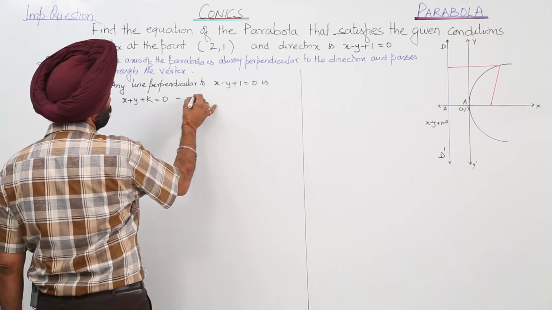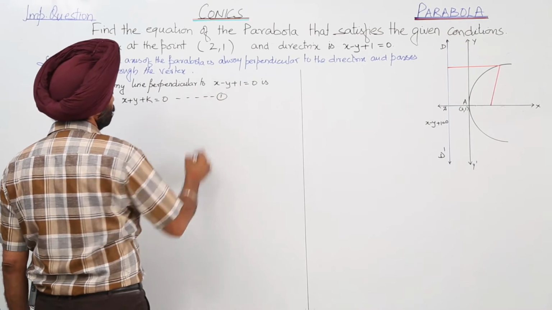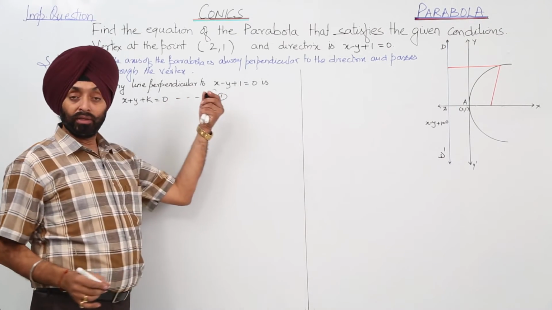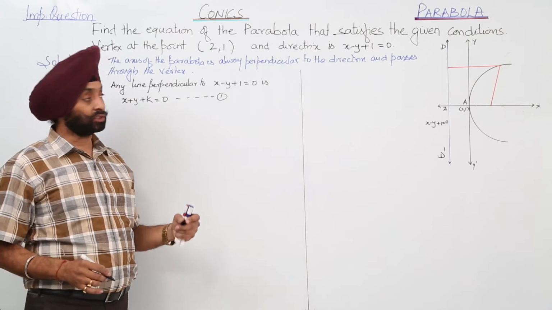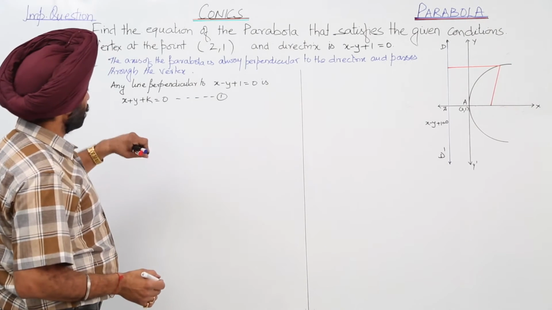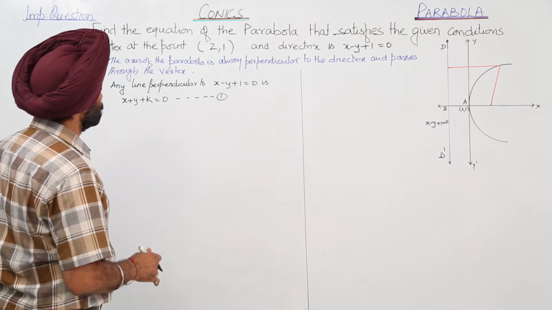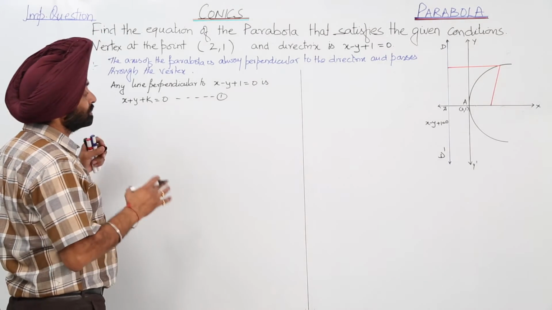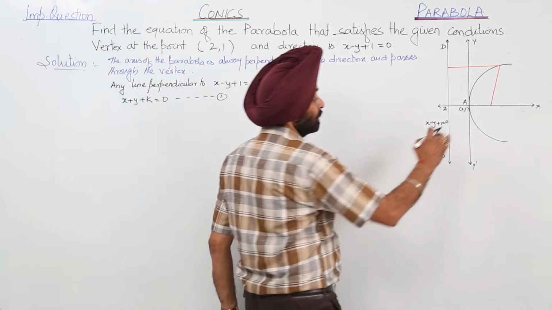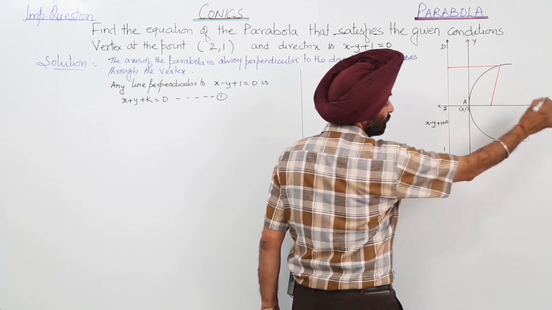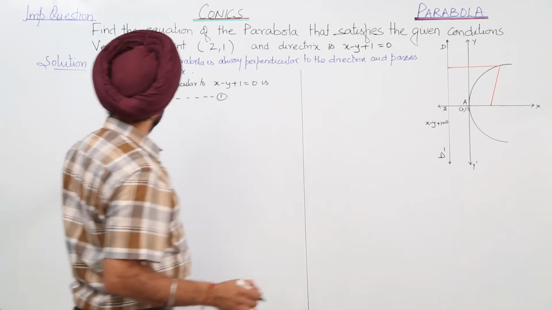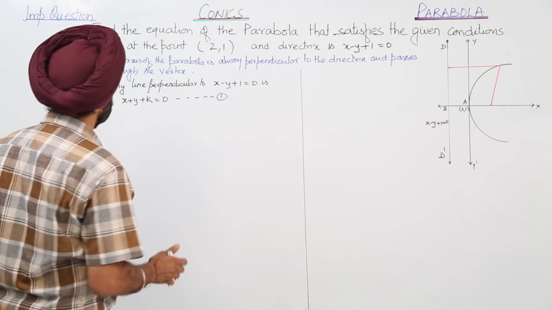Now from where did we get this? This part we have already done in straight lines. So any line perpendicular to x minus y plus 1 is equal to 0 is x plus y plus k is equal to 0. This means the equation of this line is x plus y plus k is equal to 0, equation 1.